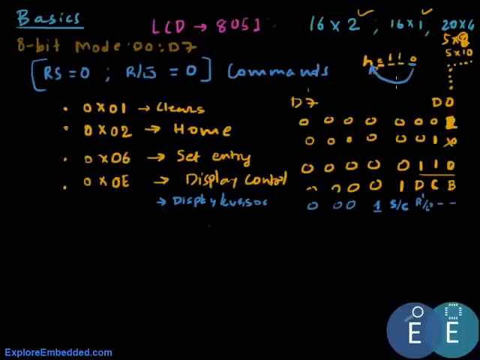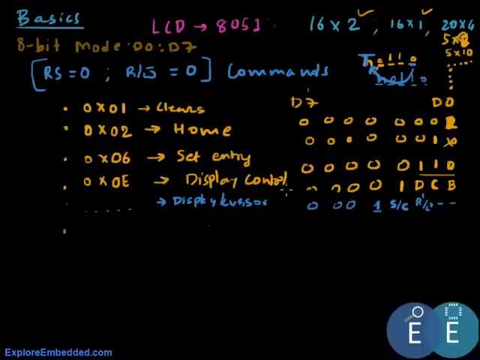So in that case we can use this command, and you can get the cursor here, and instead of H we can display another letter, or we could move the entire string from the first position to the next position. So to do that we use the display or cursor shift command, and since we will not be using this in the demo program, we will not discuss it. So if you want to know the details, watch the previous video.